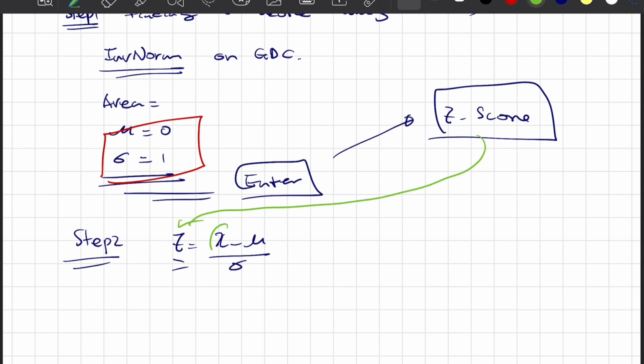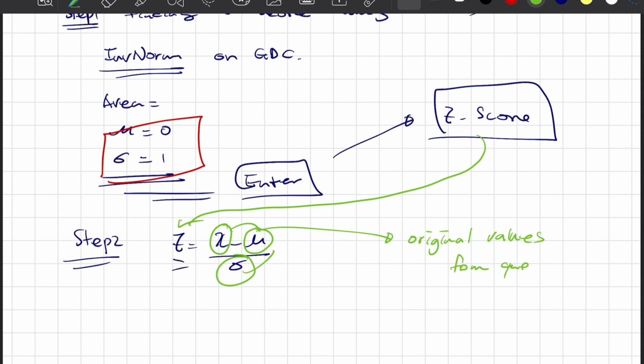Okay, and your x, mean, and standard deviation depend on the case, or on what you are looking for. You will be missing mean or standard deviation, or sometimes you will miss both of them. But your x, mean, and standard deviation values should always be original values from your question.